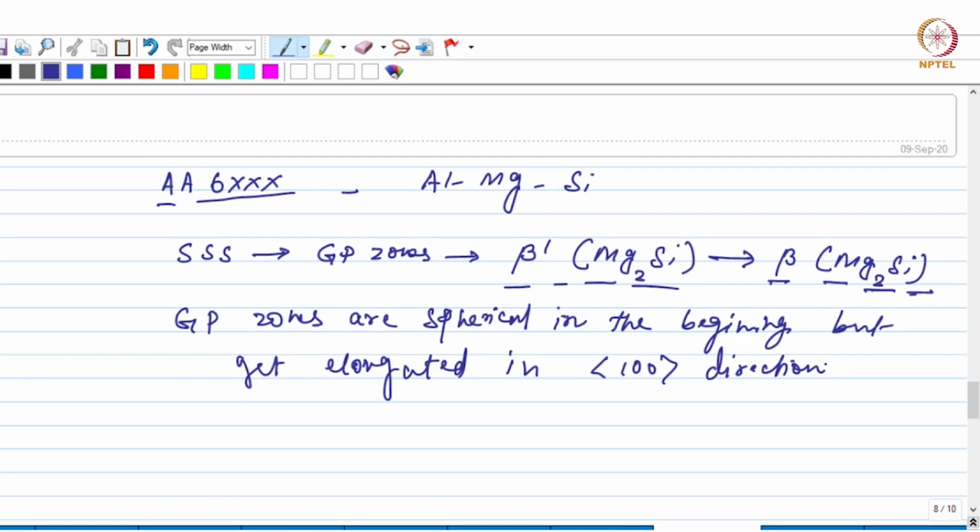And they get elongated in the 100 direction, and as a result, become needle shaped.